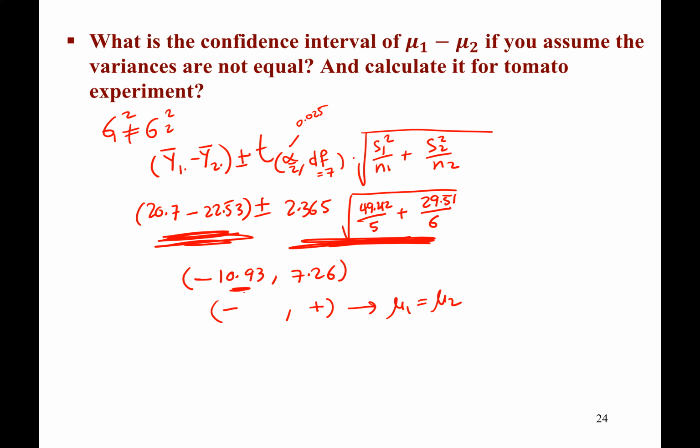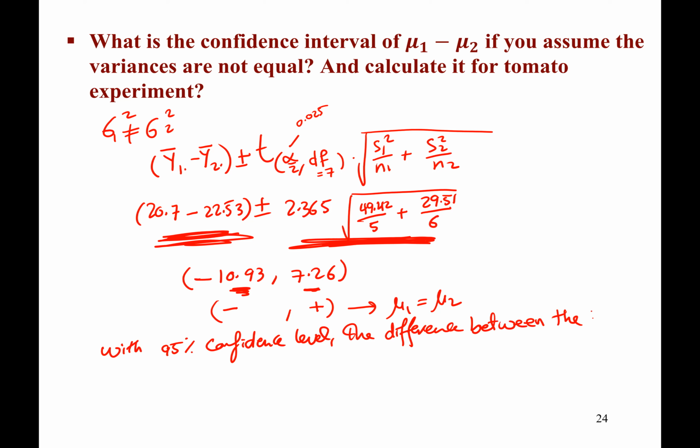If you'd like to explain these two values, you can say with 95% confidence level, the difference between the two means, mu1 minus mu2, is between negative 10.93 and 7.26.